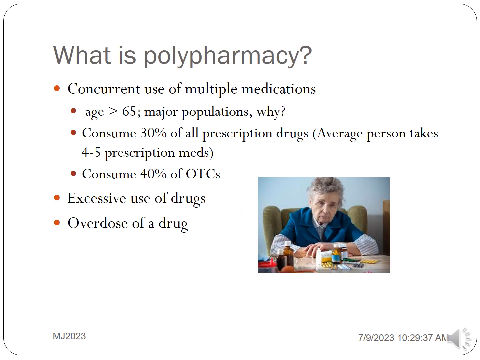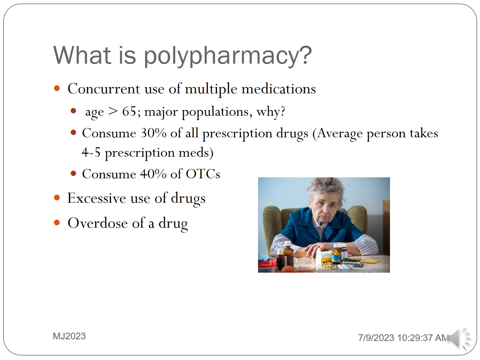So what is polypharmacy? Polypharmacy is the concurrent use of multiple medications. The current definitions, you may try to look for what it means by multiple medications. Okay, the recent definition is taking 5 or more medications.